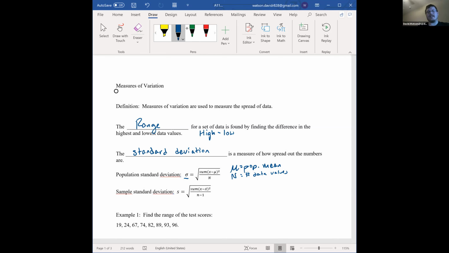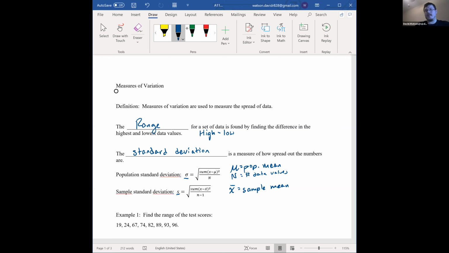The sample standard deviation is really similar. It's just a small s and equals the sum of each data value minus the sample mean, where x bar is the sample mean. So you're still finding the mean each time, just of the sample rather than the population.